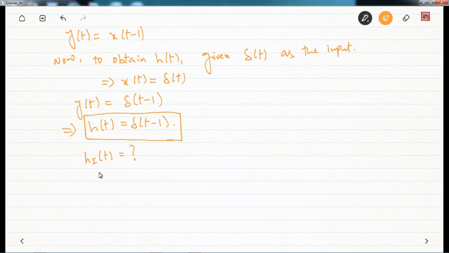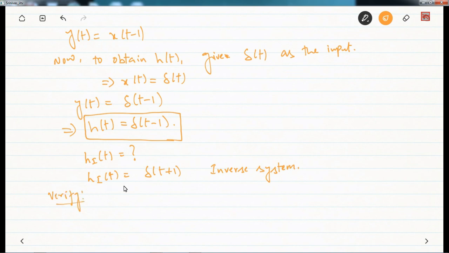So we claim that hi of t is equal to delta of t plus 1 is the inverse system. Let's say this is the inverse system, right? So how do we verify this?